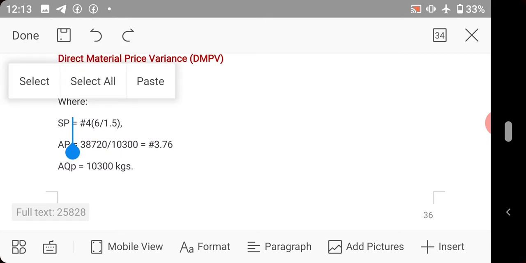How did we get 4 naira? It is 6 divided by 1.5, because to produce each unit we will use 1.5 kg, and the total cost of each unit in terms of material is 6 naira. So the cost per kg is 6 divided by 1.5.